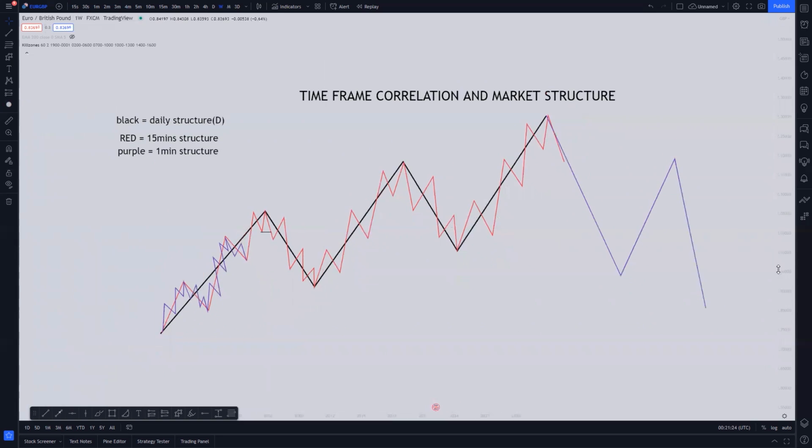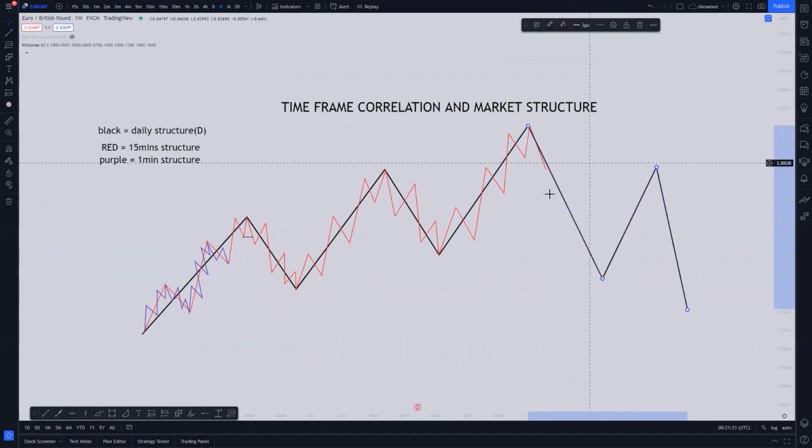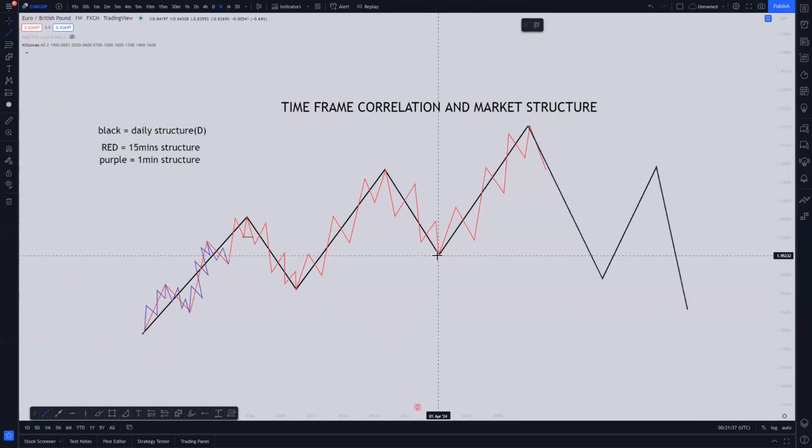I'm trying to give a particular illustration. So let's say this is the daily. Let me change it to 3 and change it to black. So for what we can see here, we'll say the daily has broken structure right here.